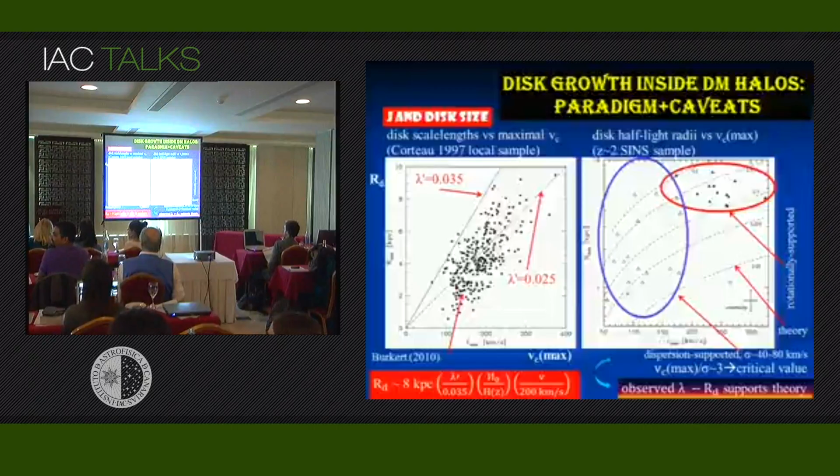What sort of confuses me in your story, or the story of some of these people, is that you need very gas-rich galaxies to form ellipticals. Those are very gas-rich disks. But you need very gas-rich disks to form disks. So where do we start? But what do you do with the galaxies that have very little cold gas?